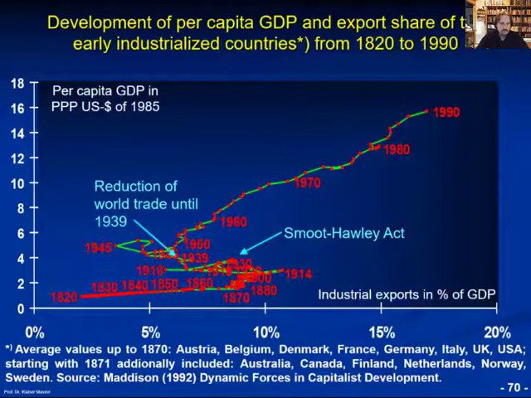The Second World War then brought, as usual in a wartime, a further decrease of the export quota to this level here. After the end of World War II, the quota rose again over the long term, together with the level of per capita GDP in these countries.